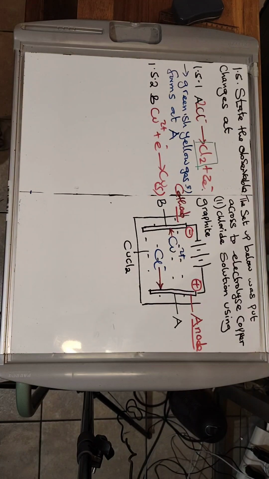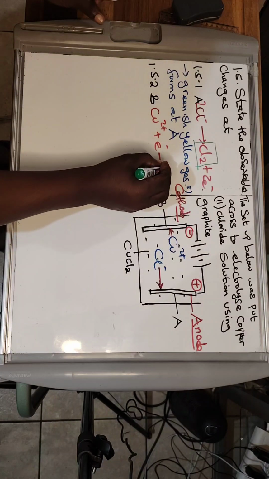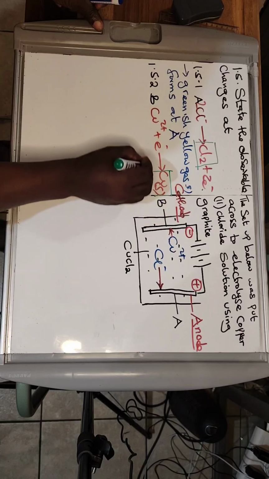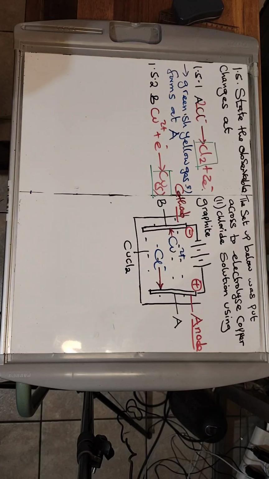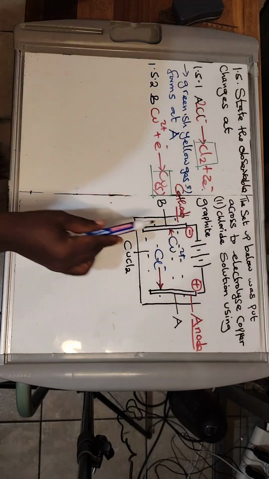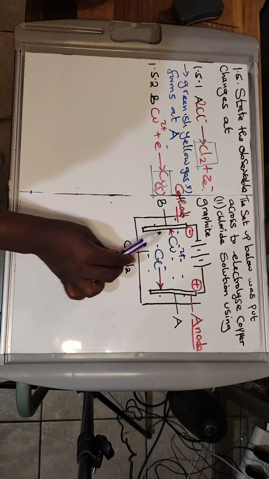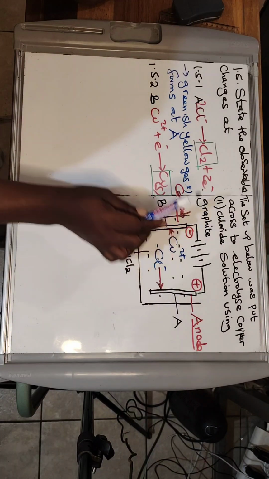That is the equation taking place at B. Now you have to know that what you observe at B is the copper solid. Now, how do you write that? Actually, what happens is that copper solid is going to come and become deposited on this electrode.